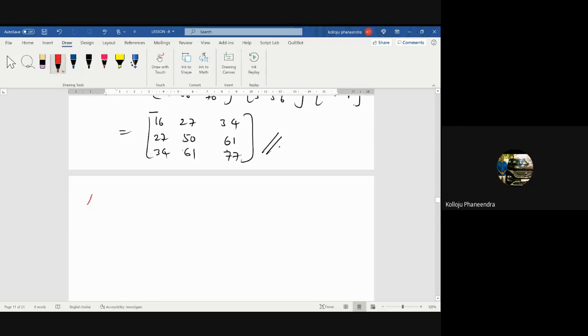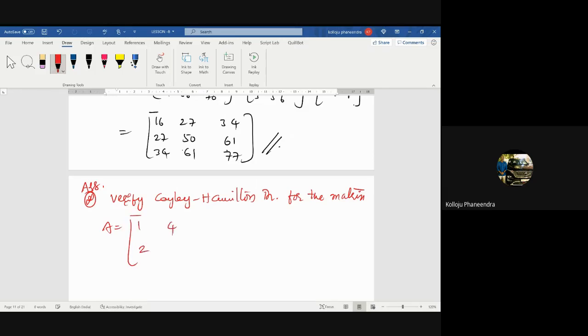Similar problem, assignment. Verify Cayley Hamilton theorem for the matrix A equal to [1, 4, ...], just a simple 2 by 2 matrix. And anyway, it's a solved problem in the textbook. And find its inverse.